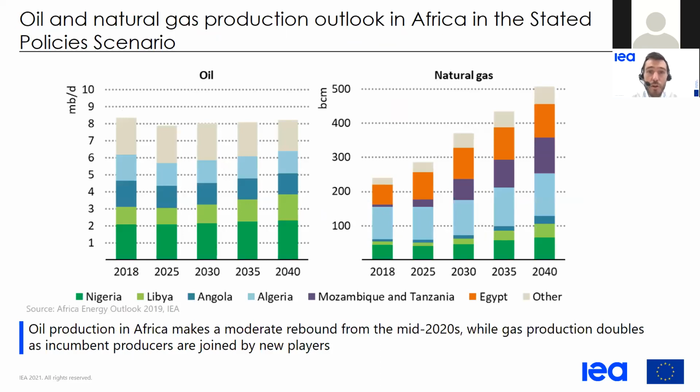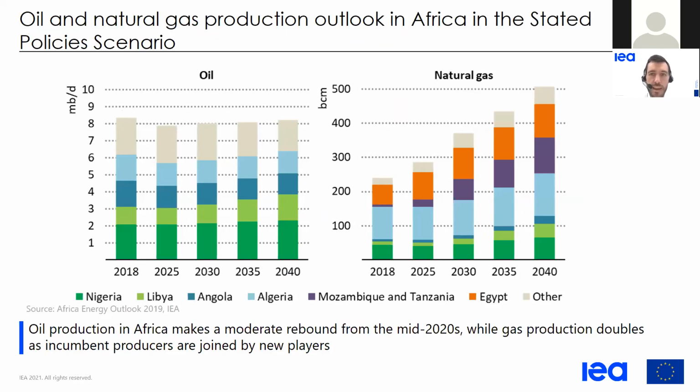Looking at the prospects for production, of course it's very difficult to anticipate what the level of production of oil and gas will be. It depends on demand. It depends also on the resources and on the global markets.